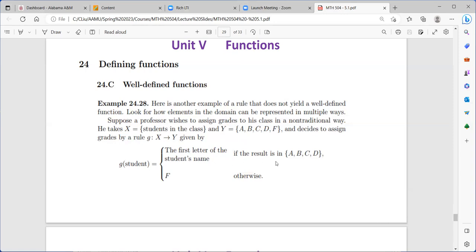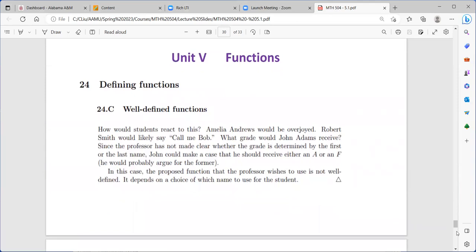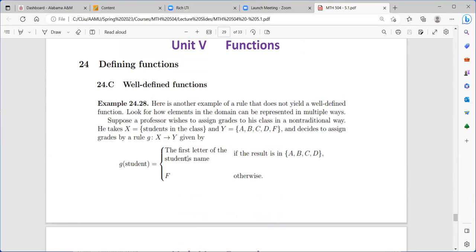Even though we can define a relation in this way, does it give a function, or is it well defined? So we need to check whether the function value is uniquely determined. That's the key. That's how we determine whether the function is well defined or not. So the problem is he did not specify which name he means in the definition of this function.